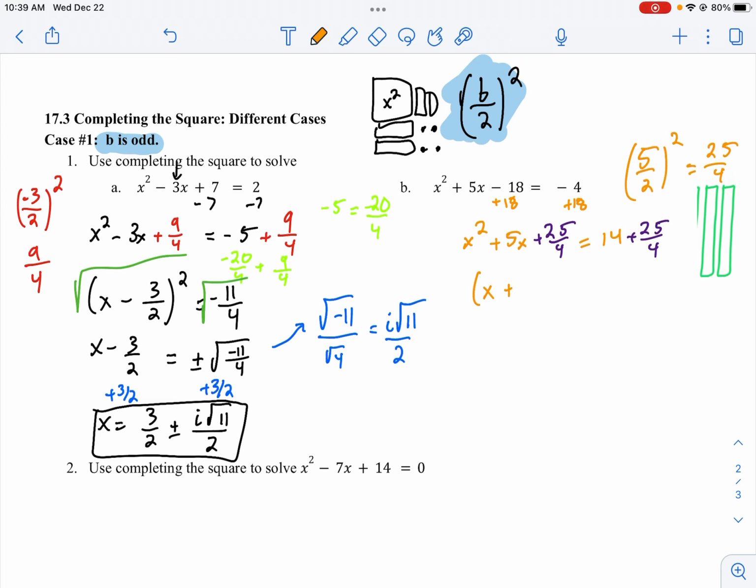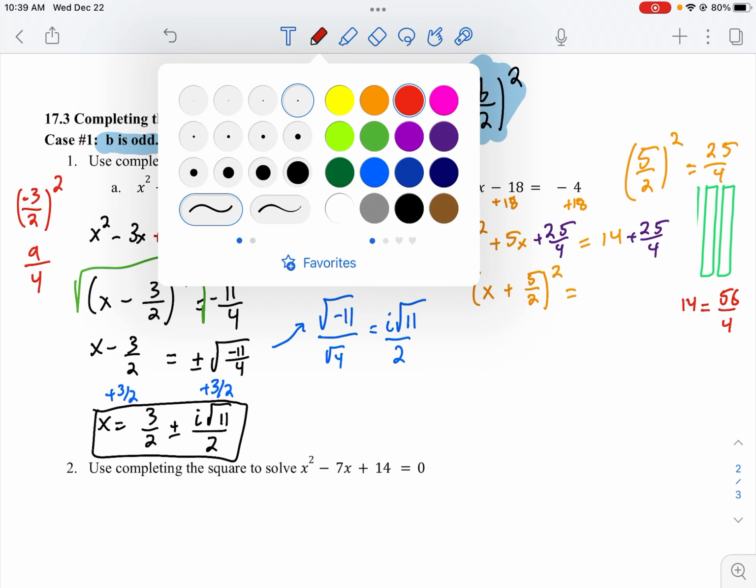Our left side becomes x plus 5 over 2, squared, equals, and now we do that same fraction combining over here. If I want 14 to have a denominator of 4, I need this numerator to be 56, because that's 4 times 14. And 56 plus 25 would be 81 over 4.